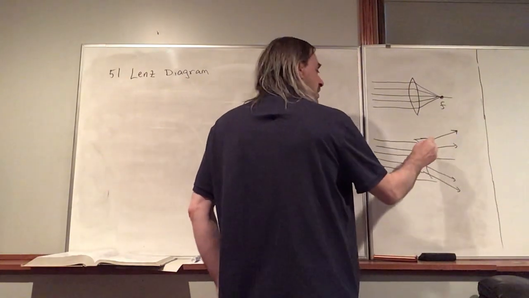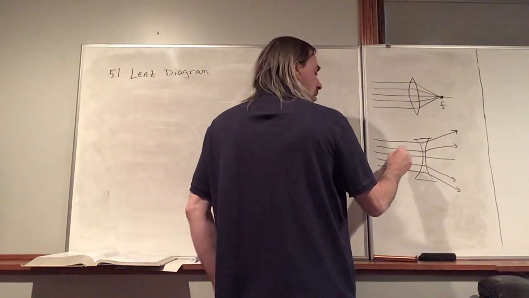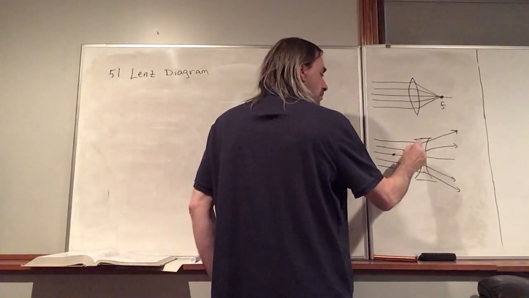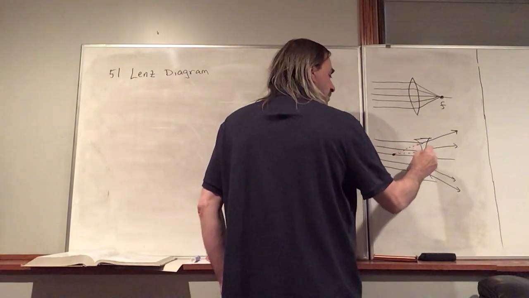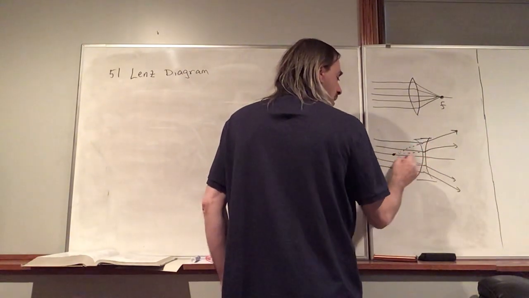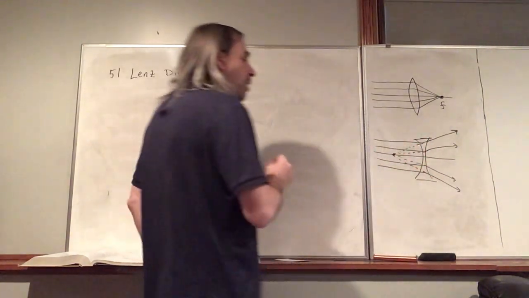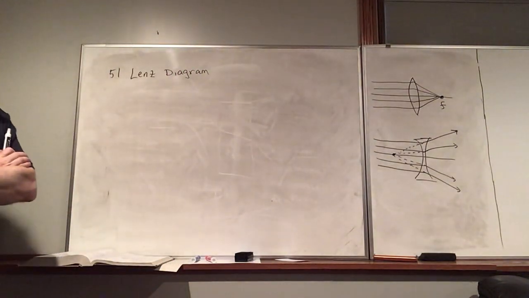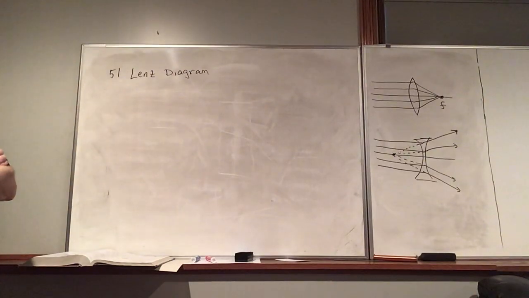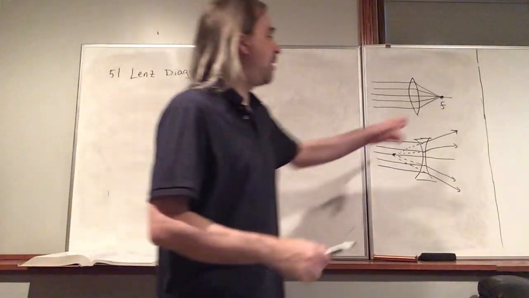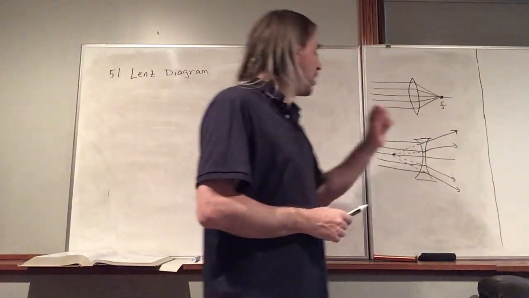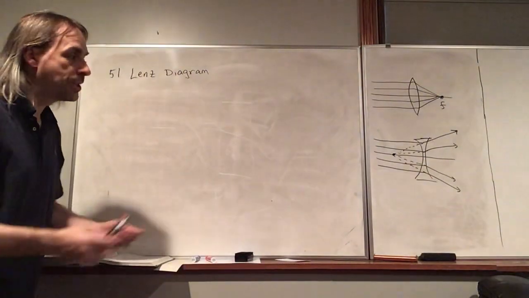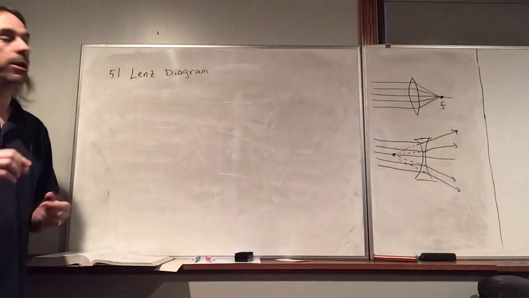If you trace these rays back, they're all going to come as if they were emerging from one point. That'll be the focal point for a diverging lens. So a converging lens actually focuses the light at that point. For a diverging lens, it appears that the light is coming from that point.